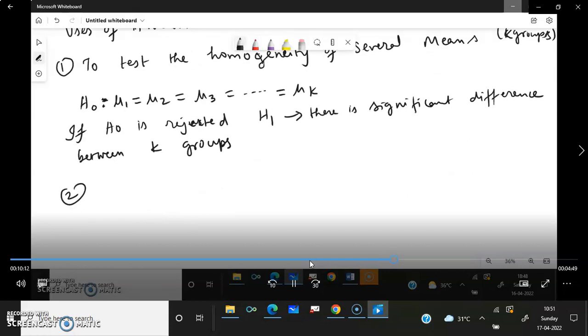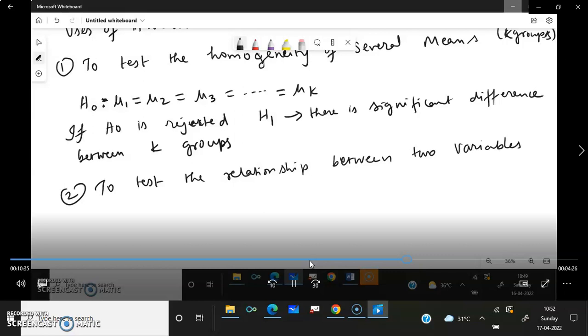Okay, so the next use is to test the relationship between two variables. You are saying there is a significant difference between the means, for example mu1, mu2, mu3. You accept that there is a significant difference, but to what extent is the relationship there? We have seen this in regression, the coefficient of correlation.